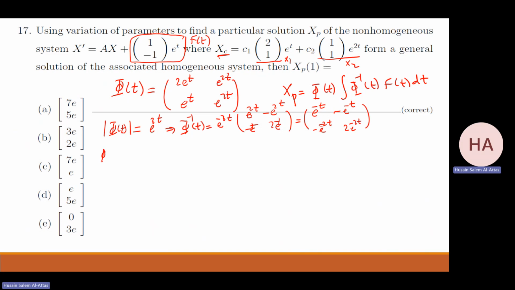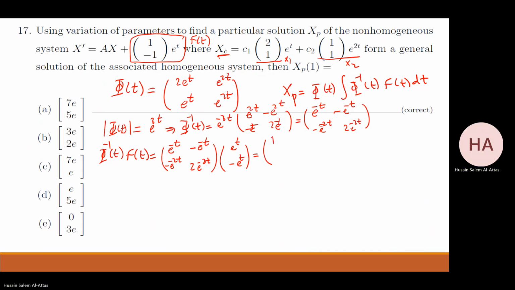Now I need to find phi inverse of t times f of t. That will be e minus t, minus e minus t. And what is f? f is et, minus et. Okay, that gives me what? This times this. This is 1 minus plus 1. Okay, good. What's e to the power 0? Yeah, 0 is 1.